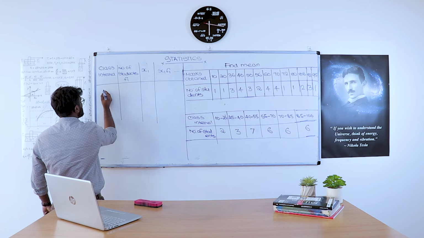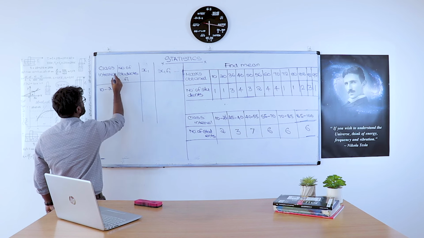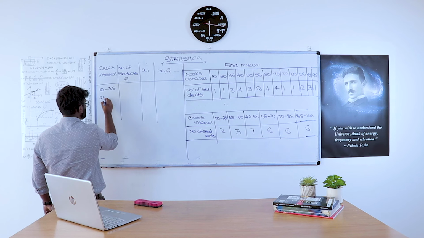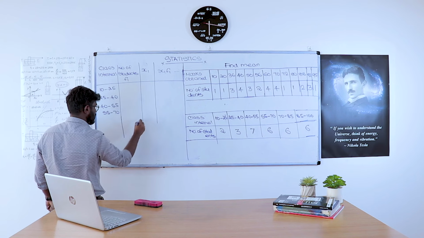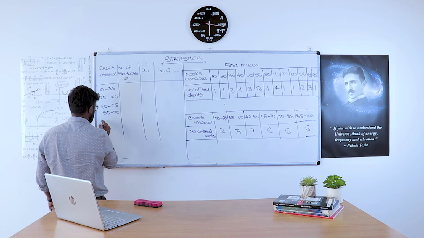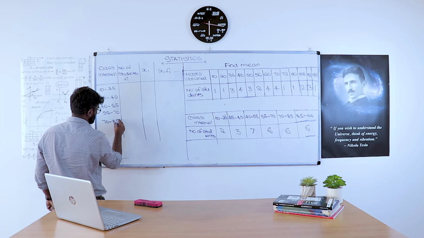So the first class interval is 10 to 25, then 25 to 40, 40 to 55, 55 to 70, 70 to 85, 85 to 100.